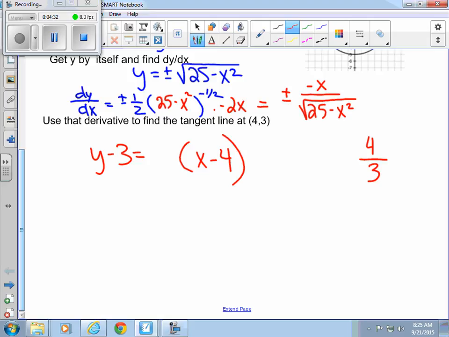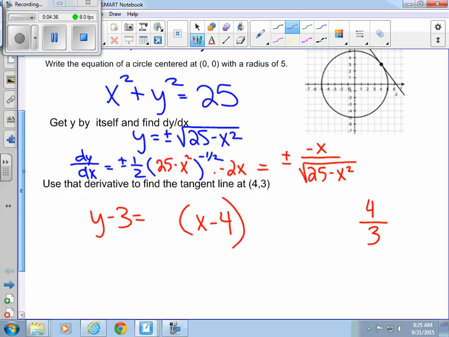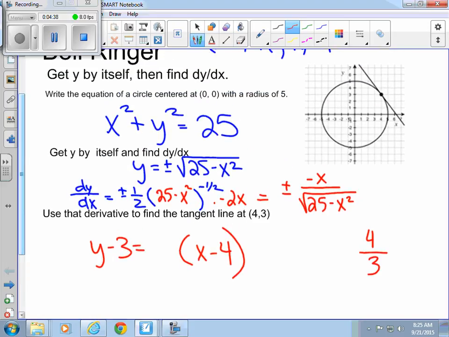Question is, what's the sign? Well, I'm going to go look at the picture really quick. What is the sign right there? Does everyone agree it's negative? That particular tangent line would have a negative slope. I did need to look at the picture to find that, though. You can kind of tell why there would be a plus or minus.